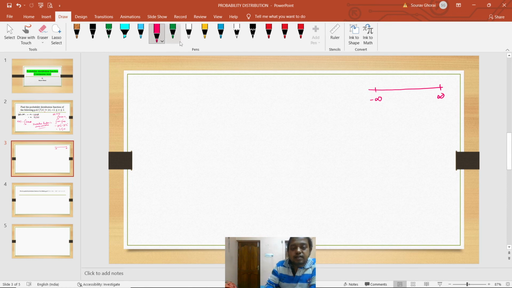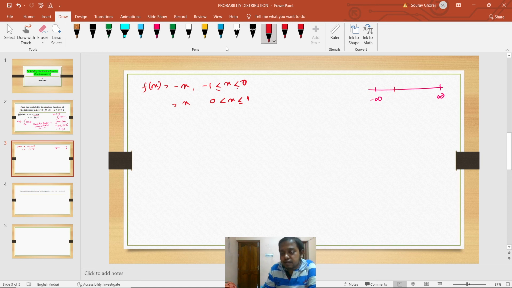Here the question is given: f of x is equal to minus x for x less than 0, and x whenever 0 less than x less than or equal to 1. So here we can define it. This is the point -1, this is the point 0, this is the point +1.